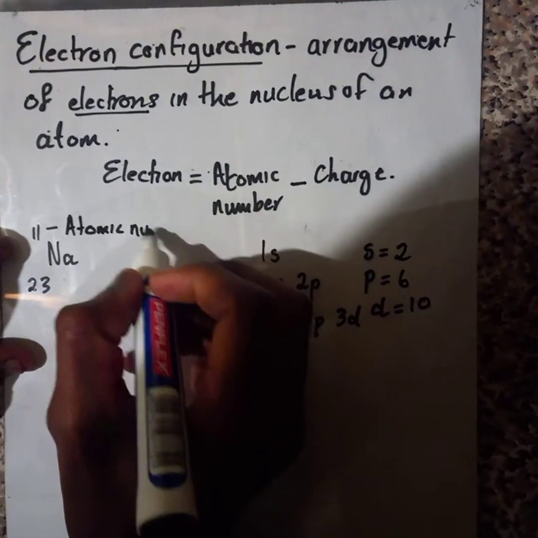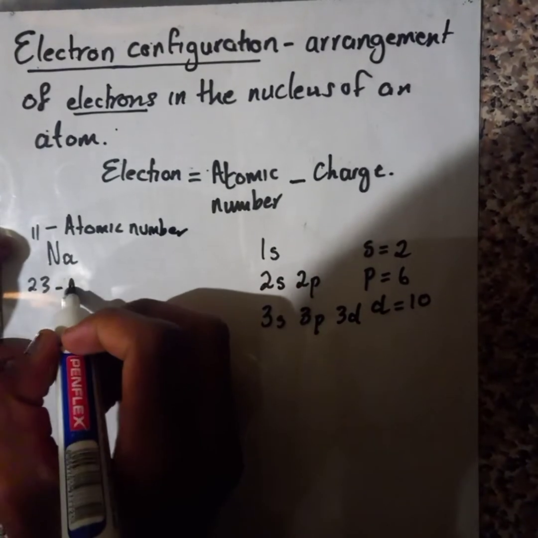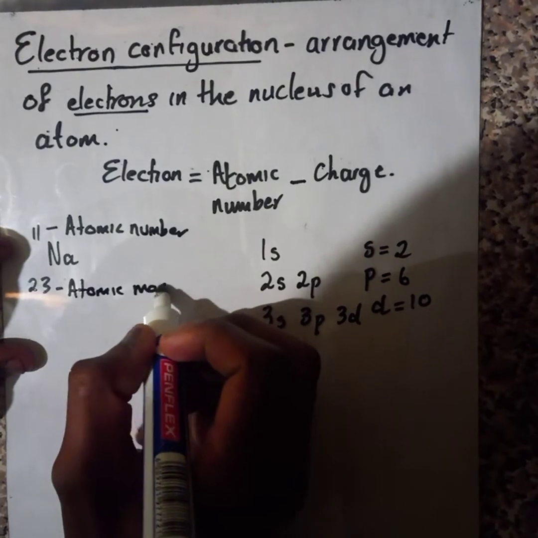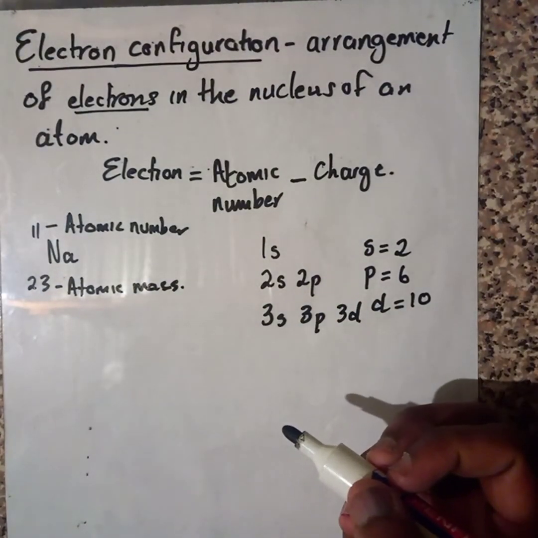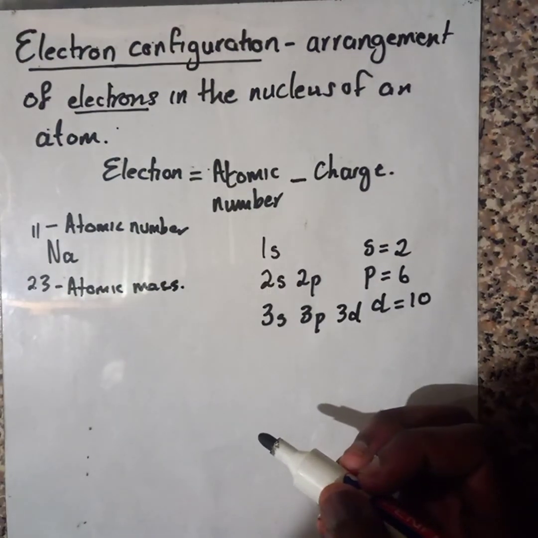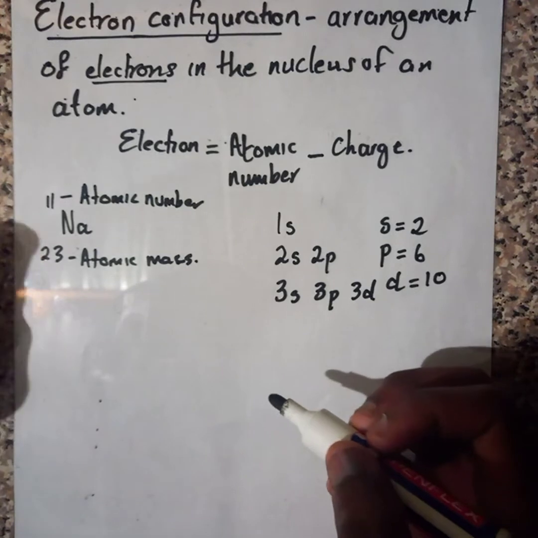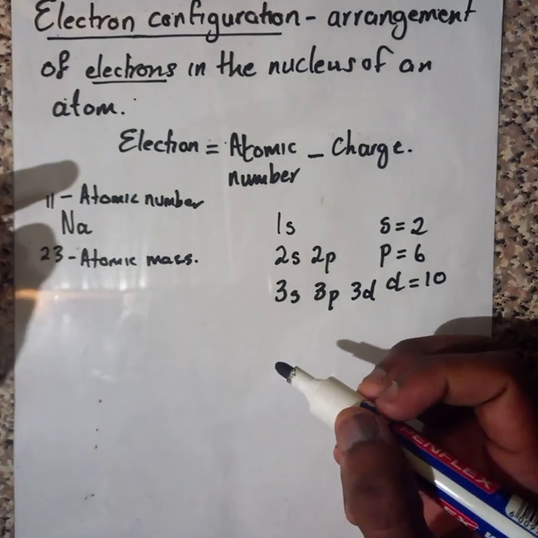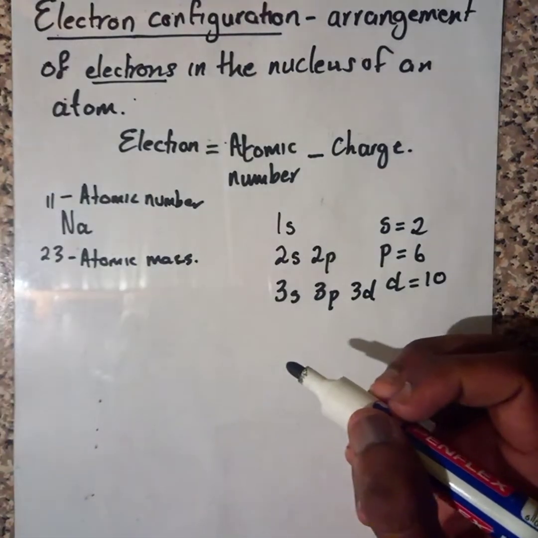Atomic number also has an atomic mass there. Then let's say they ask us to write the electron configuration. There are two methods: spectroscopic notation as well as noble gas notation.